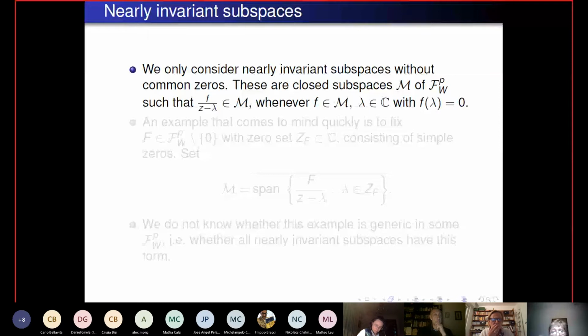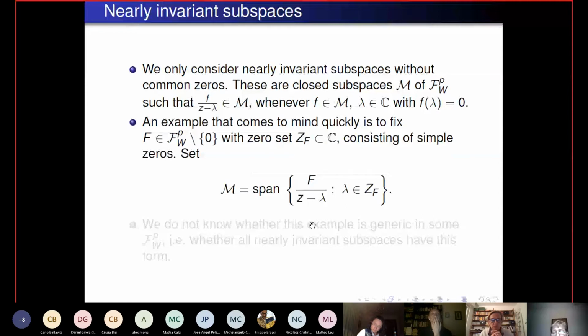Okay, and then here is a simple way of constructing such a thing. Take a function with a given zero set, assume it has only simple zeros, and divide out its zeros into the span and close it. It's a very simple computation to show that you can divide out any zero of any linear combination just from this simple form.